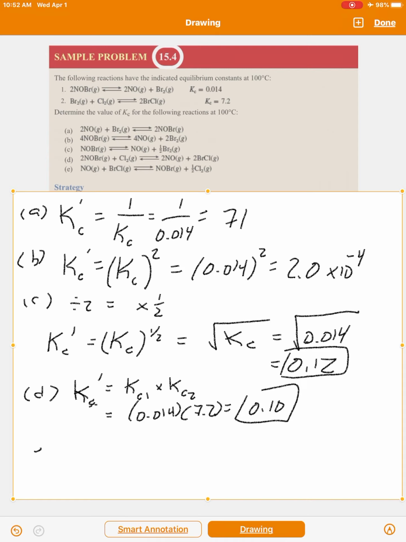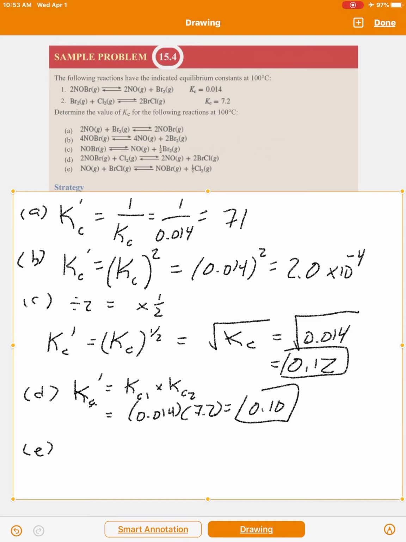Last one, E. E has NO on the reactant side. So it looks like we reversed equation 1. And since there's only one NO there, it also looks like it was divided by 2.